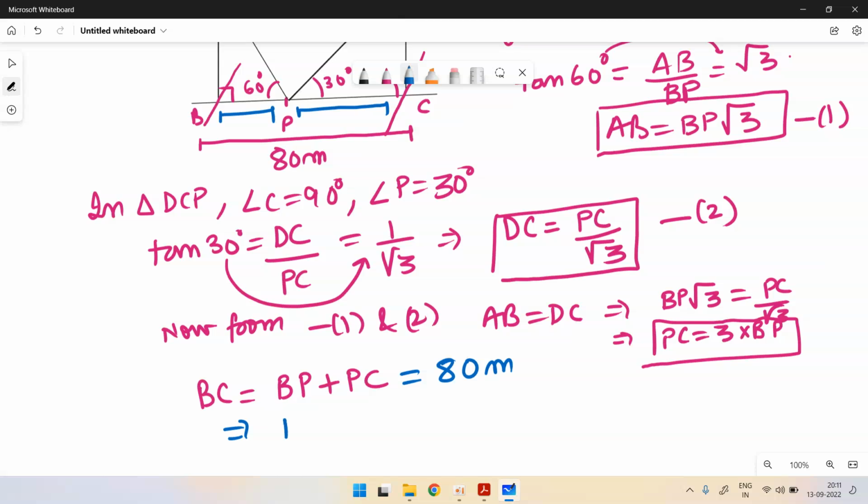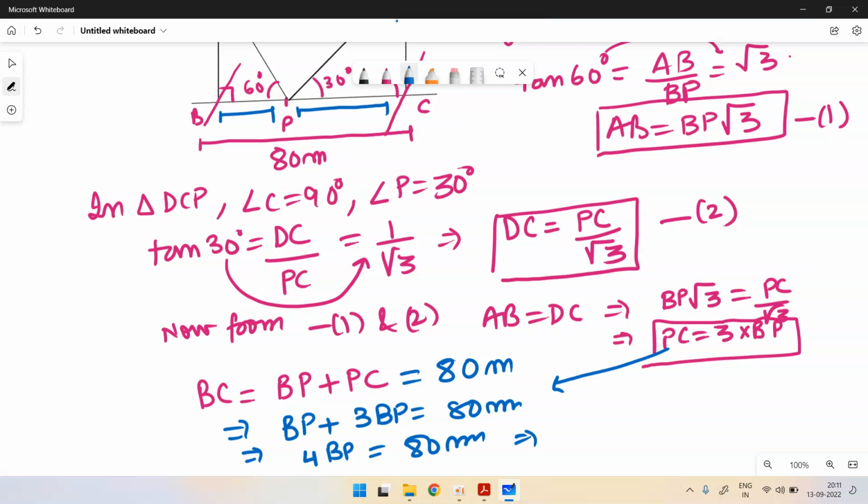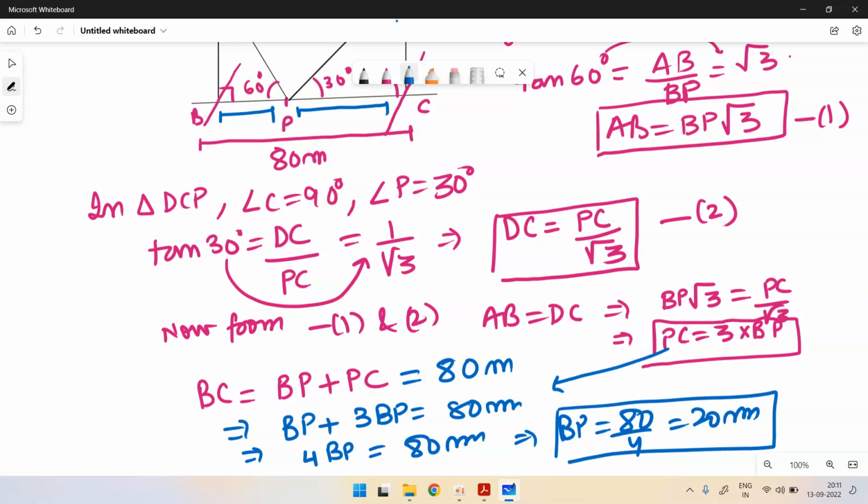Substituting PC equals 3 BP, 3 plus 1 is 4, so 4 BP equals 80 meters, which implies that BP equals 80 by 4, that is 20 meters. So BP is 20 meters.